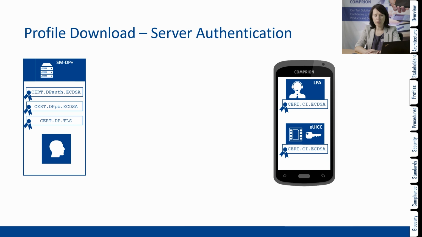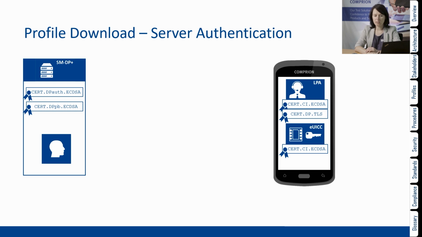And for the verification, the LPA will have this trust anchor, the certificate CI ECDSA, and the EUICC will have the certificate CI ECDSA here. So the root GSMA CI certificate is pre-installed in the device. Yes, first for this TLS channel establishment, the TLS certificate will be sent to the LPA.